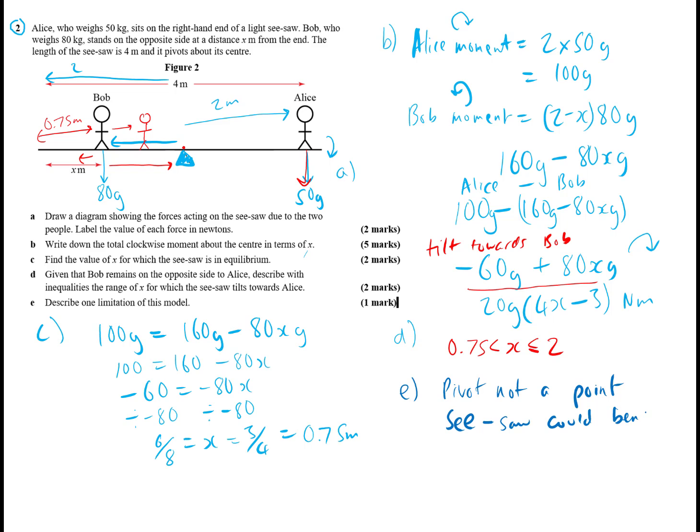In real life it will not be 100% rigid. Alice can't really sit right on the end, I mean exactly on the end. And that's it. So this breaks down all your skills to interpret and answer more challenging questions.